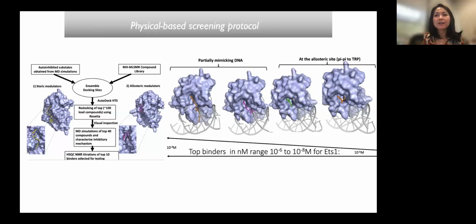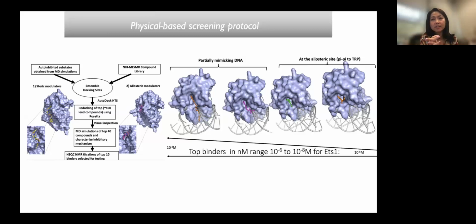The discovery of the allosteric pocket can be explored to screen for small molecules that mimic these interactions. So this is the protocol that we use for physics-based screening. I don't have time to walk through it, but it's very much like the relaxed complex method developed in Andy McCammon's lab.